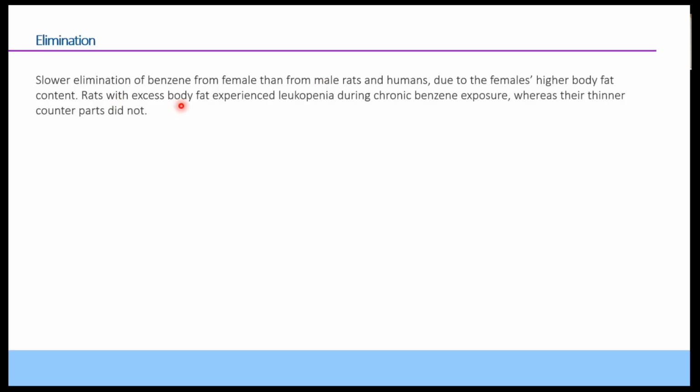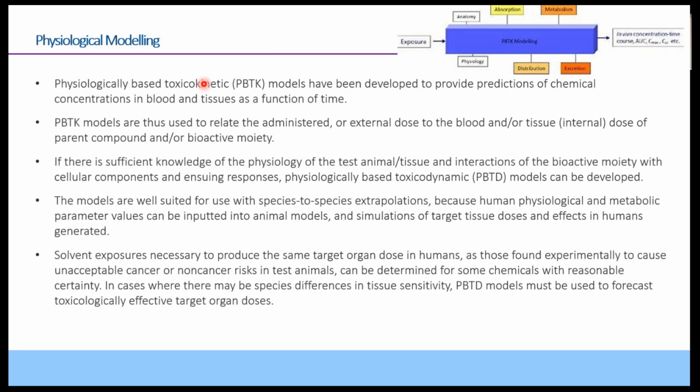Rats with higher body fat have shown leukopenia during chronic benzene exposure, whereas their thinner counterparts did not. So if there is presence of fat in the body, then benzene is there for a longer duration, and the toxicities are produced as compared to the thinner counterparts or males where the body fat is less.